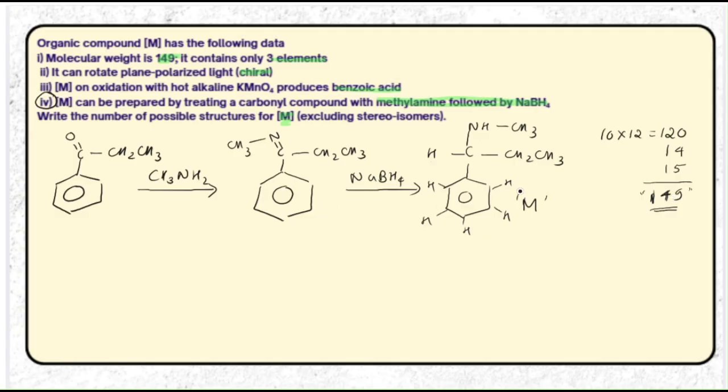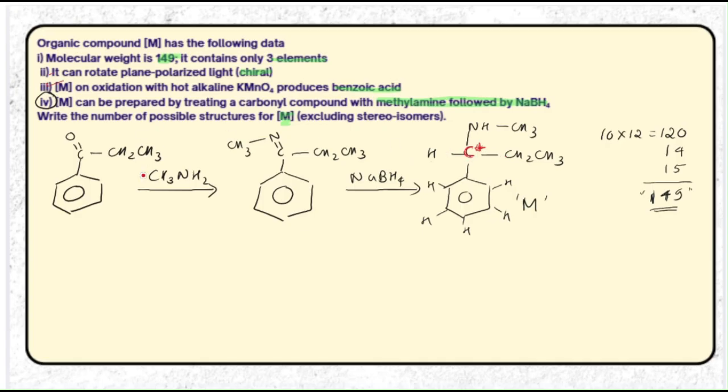So now this could be our product M, but as I told you, let's verify the given statements with this. The first statement is anyway verified. Now, is it chiral? Look for the carbon attached to 4 different groups: a carbon attached to nitrogen, hydrogen, ethyl and phenyl. Yes, it is chiral, so this is also true. M on oxidation with hot alkaline KMnO₄: because of this benzylic hydrogen, yes, it will form benzoic acid.